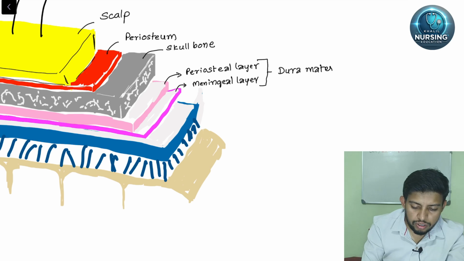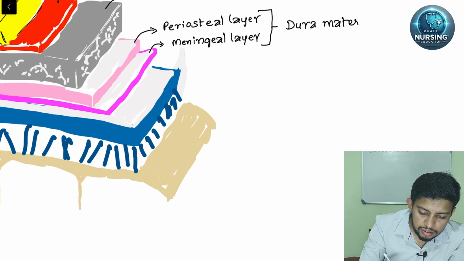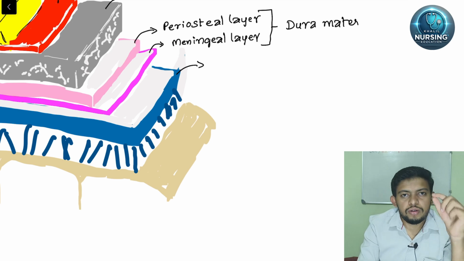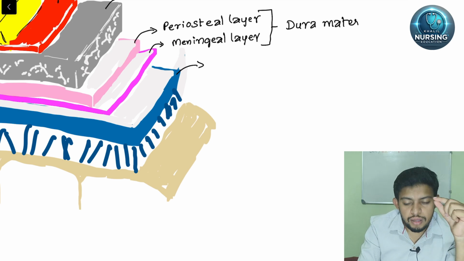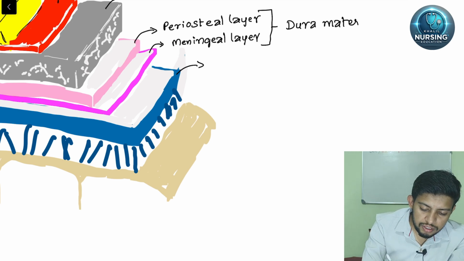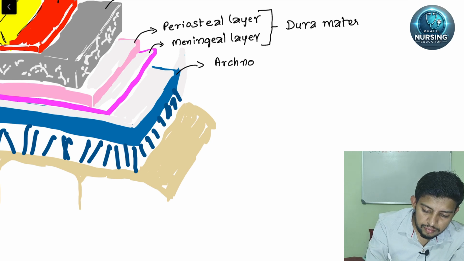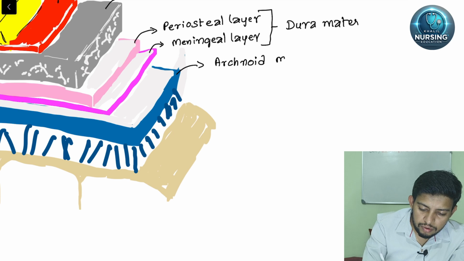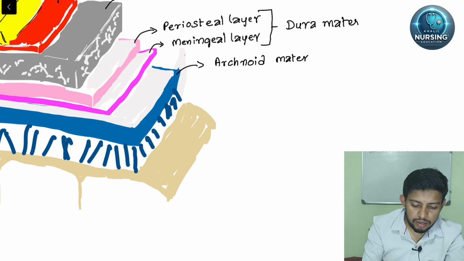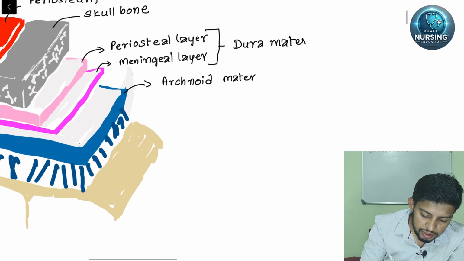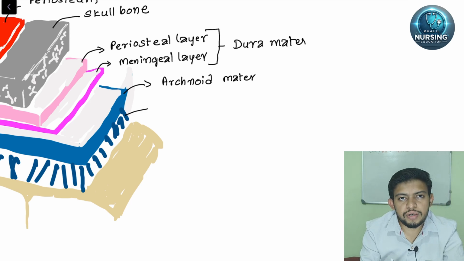So what is this? This one is the arachnoid mater. After the dura mater, below that, what we are seeing is the arachnoid mater. This is a special type of connective tissue which is connected to the pia mater also.